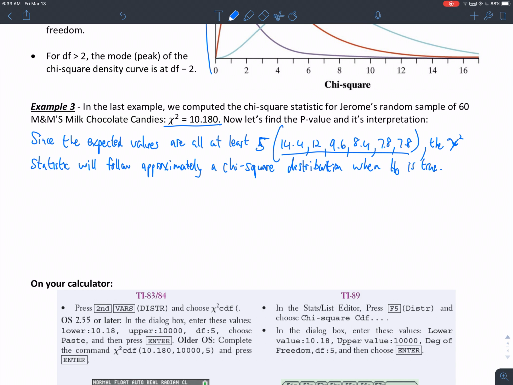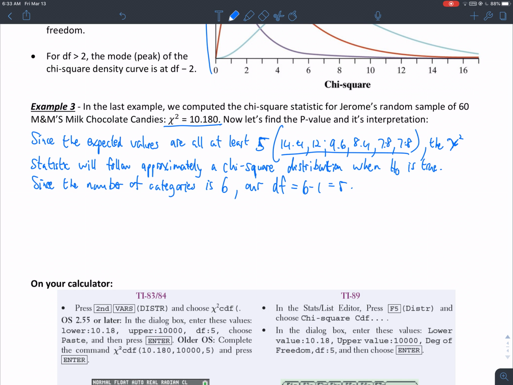More specifically, a chi-square distribution with 5 degrees of freedom. So you'll say, since the number of categories is 6, our degrees of freedom equals 6 minus 1, which is 5.